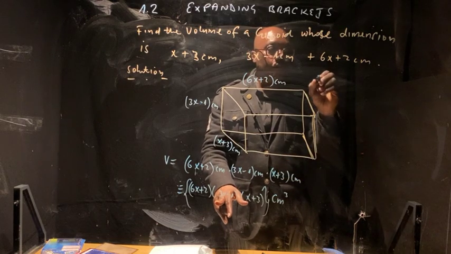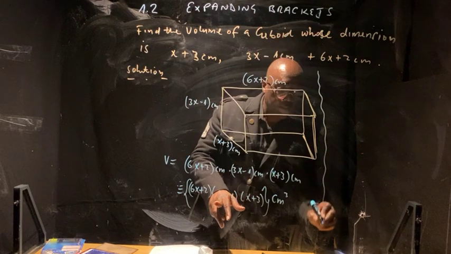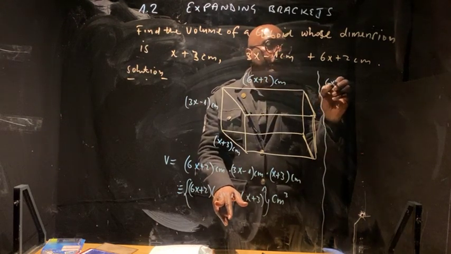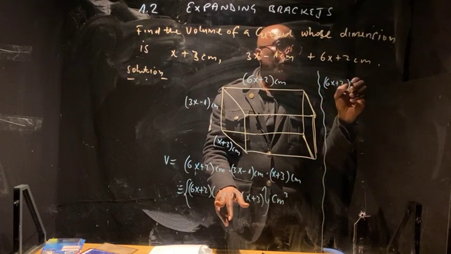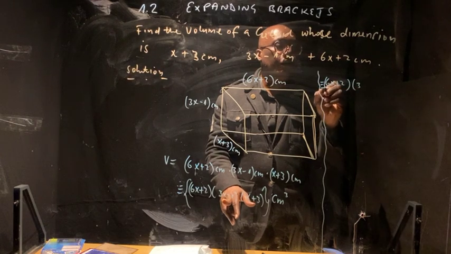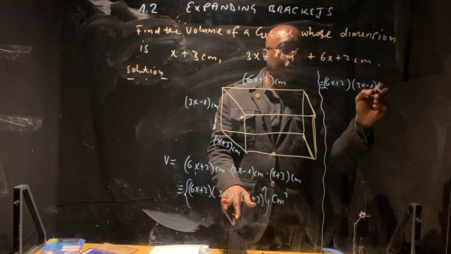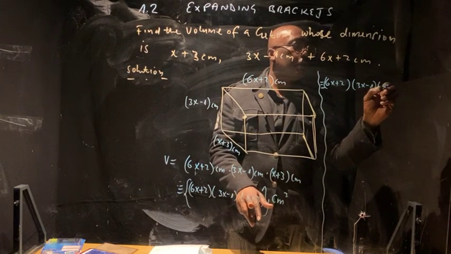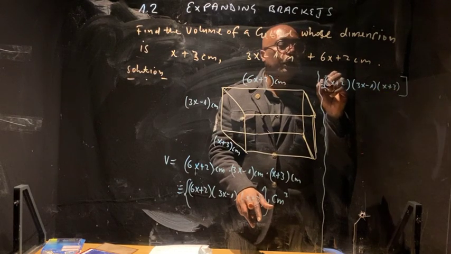We have 6x plus 2, 3x minus 1, multiplied by x plus 3, all in centimeter cube.